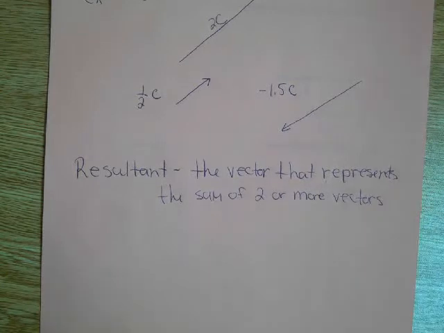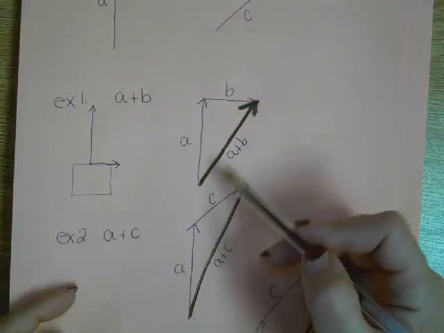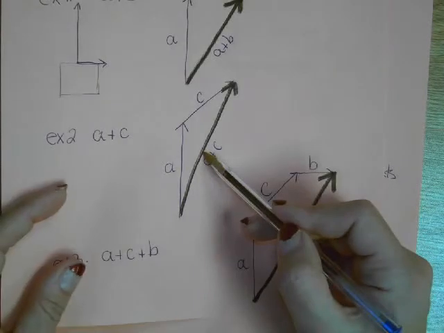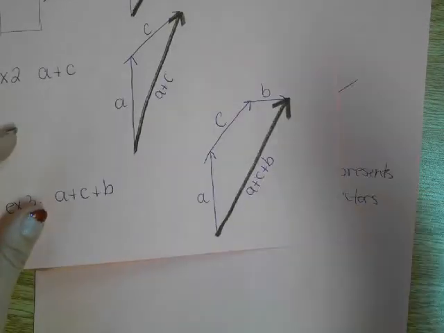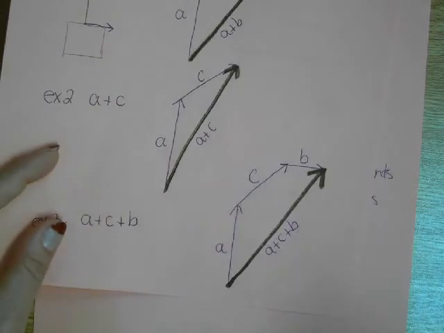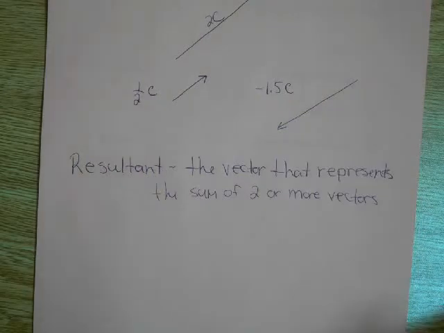So all of those examples we did, I'll show you right here. When we did this A plus B and then I drew in this black one, that is the resultant. Each one of these is called a resultant. Like when we add numbers, we call the end result a sum. When we draw in the vector, that's called the resultant vector. So I probably should have had that earlier in the note.